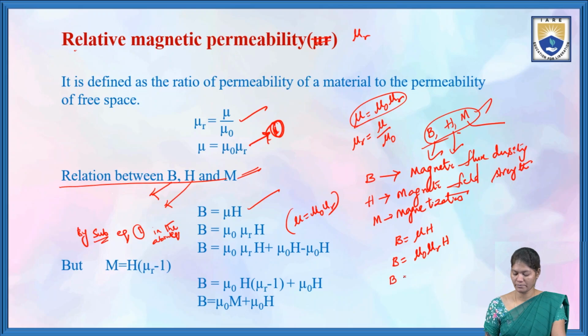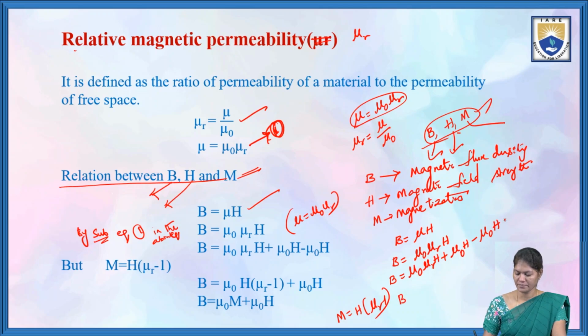Now B is equal to mu naught mu r H, plus I am adding mu naught H and subtracting mu naught H. We know that M is equal to H into mu r minus 1.